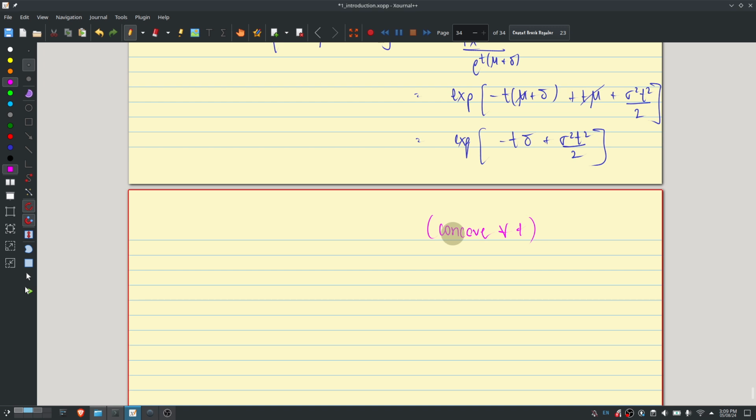So the second derivative of the exponent, that is minus t delta plus sigma square t square by 2, is concave for all t, and you can get that from the second derivative test. Any questions?